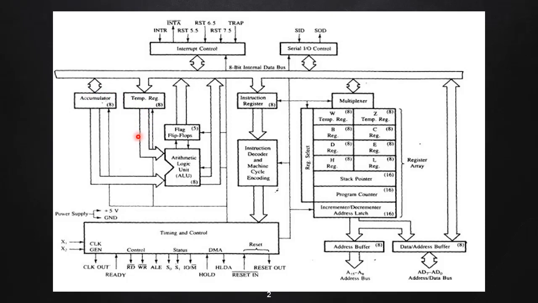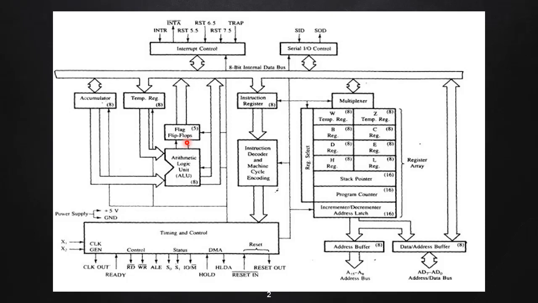ALU is the arithmetic and logical unit. In the ALU, we perform arithmetic and logical operations. Then we saw what is the instruction register. Instruction register stores the first byte of the instruction, and the instruction decoder determines the exact steps of the instruction.